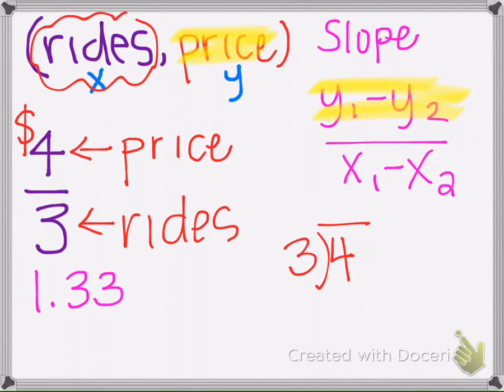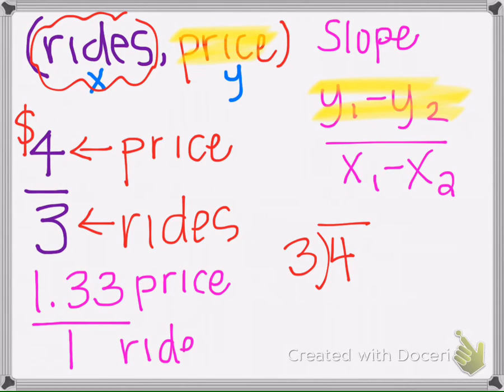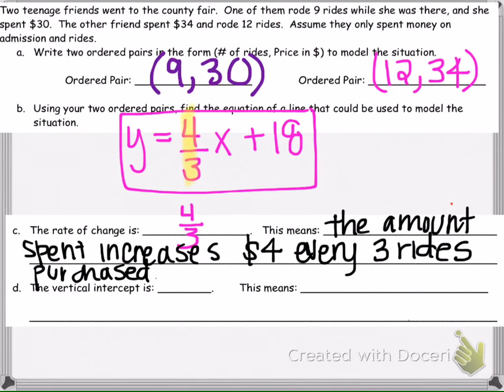So 1.3 repeating when we're talking about money, because when we divide, we're going to discuss how much for just one, and since the price is first, this represents rides, we would say it cost about $1.33 per ride.